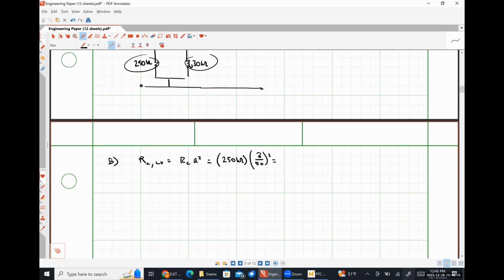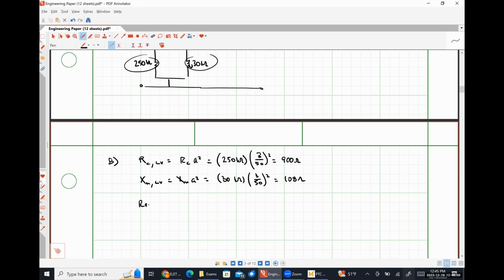So 250 times 10 to the 3 times 3 over 50 quantity squared comes out to be 900 ohms. X sub m on the low voltage side is going to be X sub m times A squared. So 30 kilo ohms times 3 over 50 squared comes out to be 108 ohms.